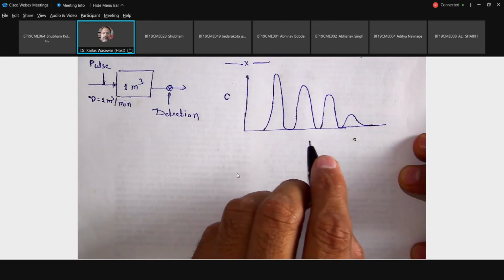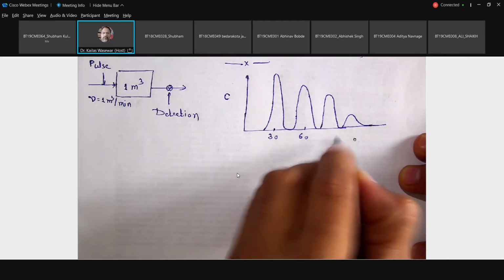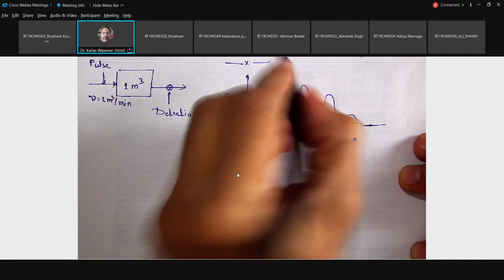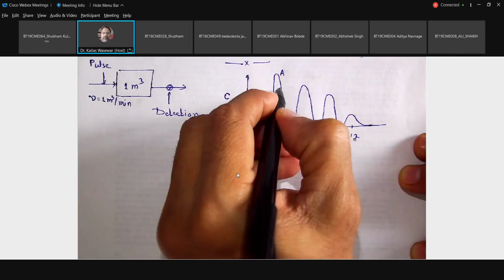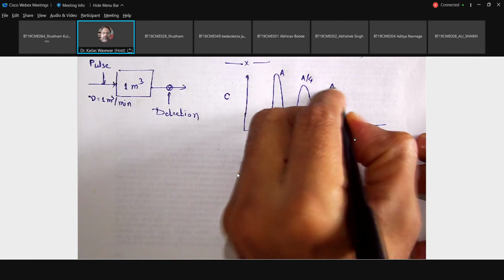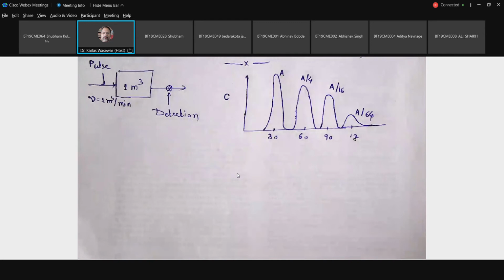So having the residence time 30, here 60, here 90, here 120, with the area, say this is A. If I talk about the first curve, this is A, then the next ones are A/4, A/16, and then A/64. These kinds of curves we are getting.